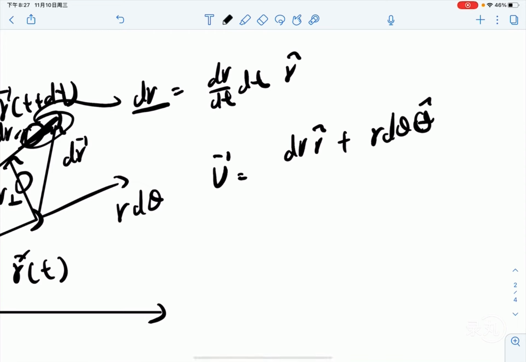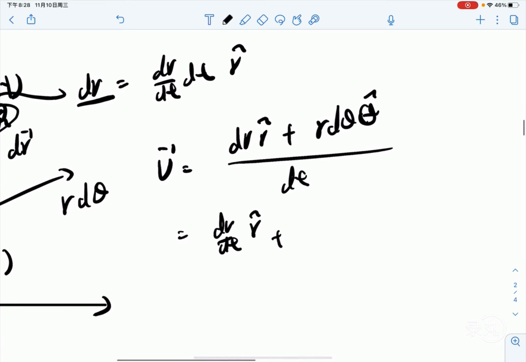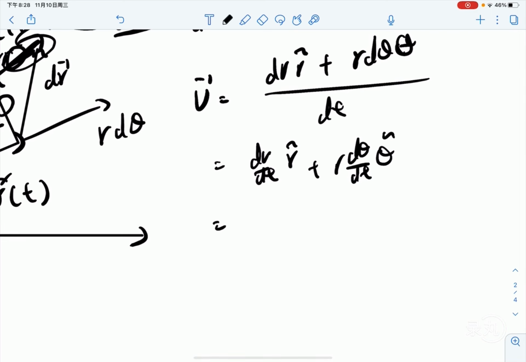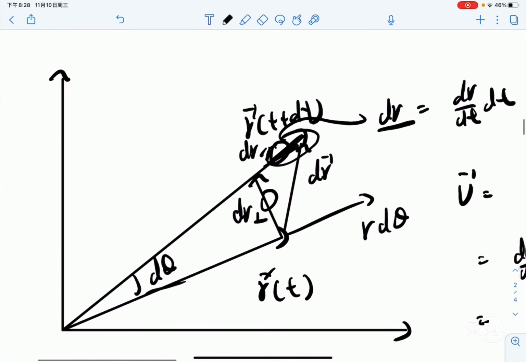And if we divide by t, we get dr dt times the direction of the r, plus r d theta dt times the direction of theta. It's not the direction of theta actually. Whatever, just the direction that is perpendicular to r.